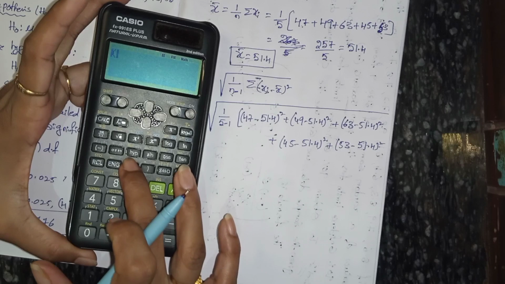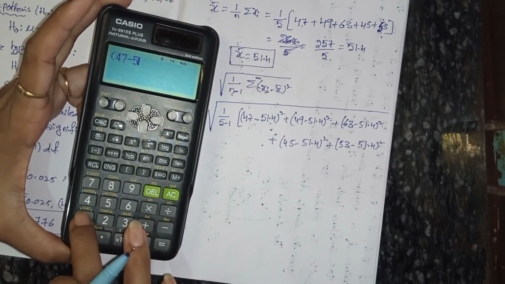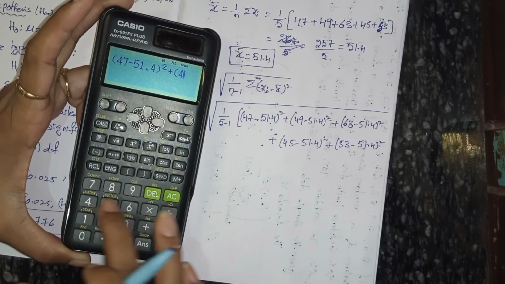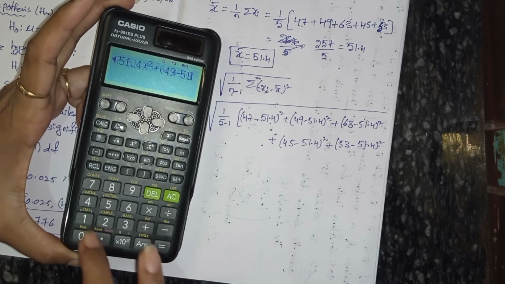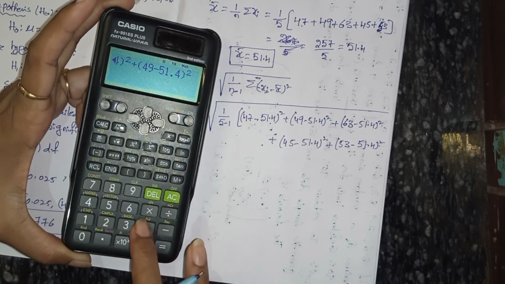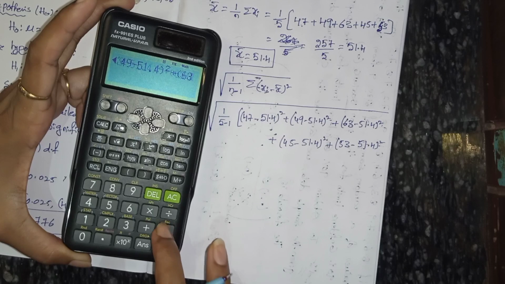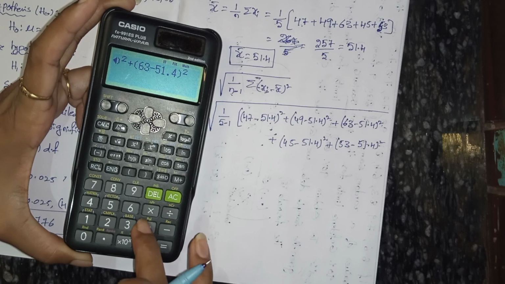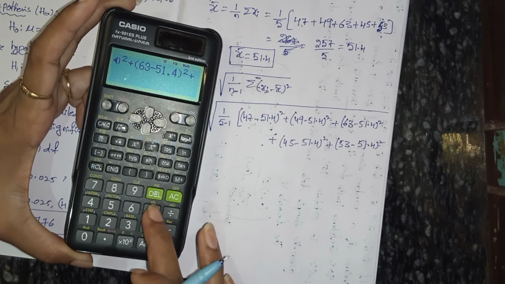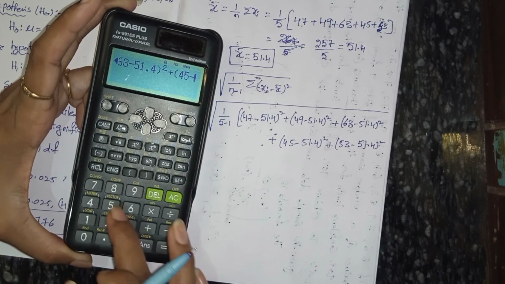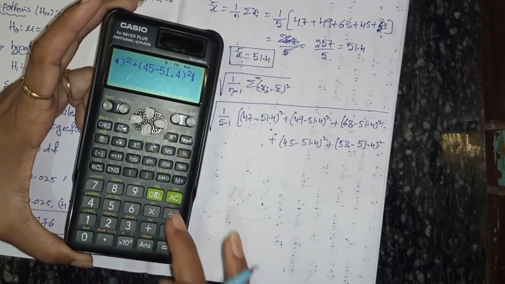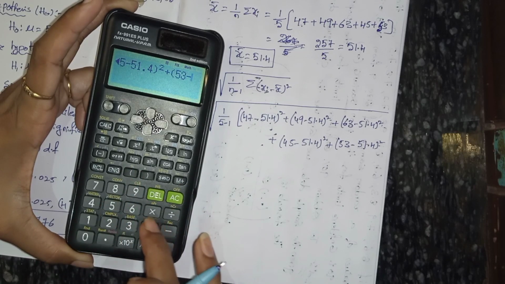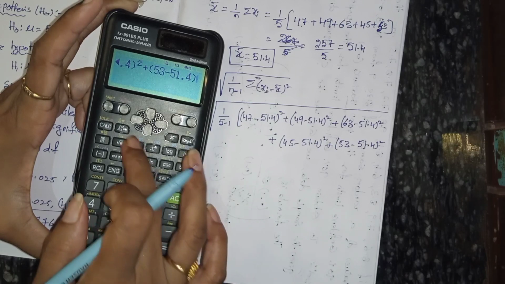So 47 minus 51.4 whole square plus 49 minus 51.4 whole square plus 63 minus 51.4 whole square plus 45 minus 51.4 whole square plus 53 minus 51.4 whole square.